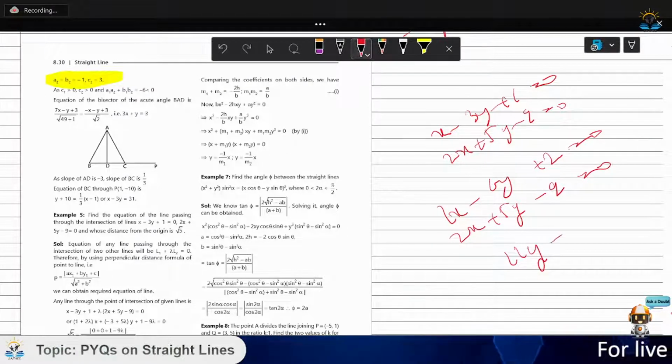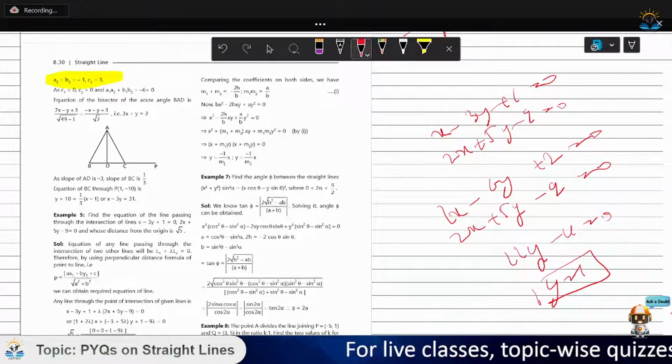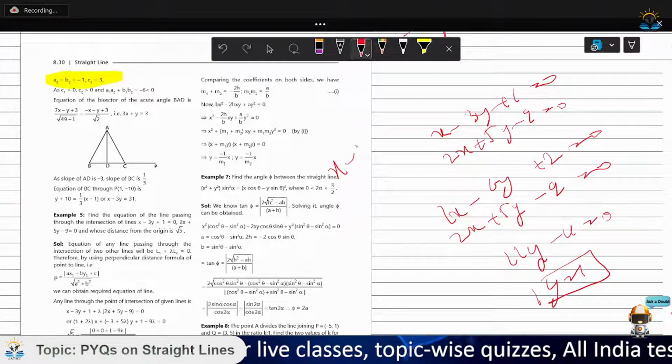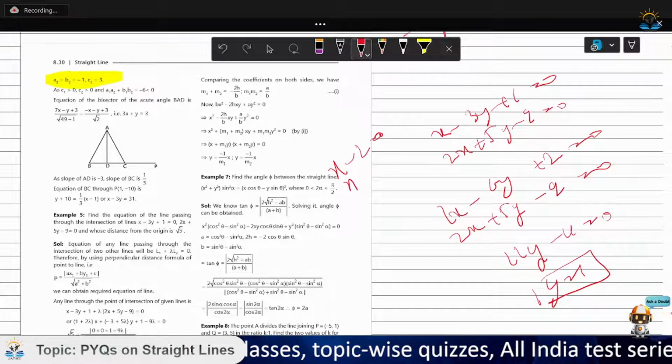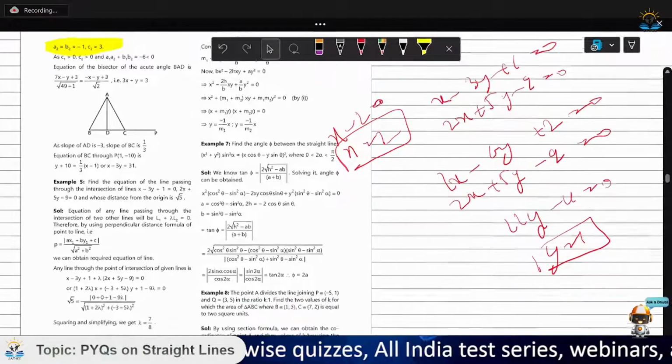Subtracting, 11y minus 11 gives me 0. So y becomes 1. Right? If y is 1, then x minus 2 is 0. So x becomes 2. So I have x equal to 2 and y equal to 1.